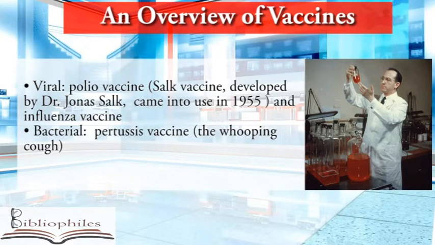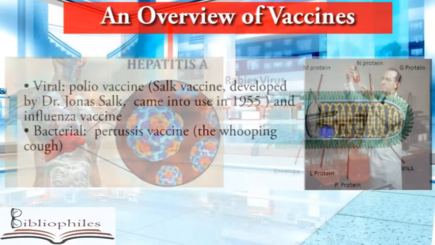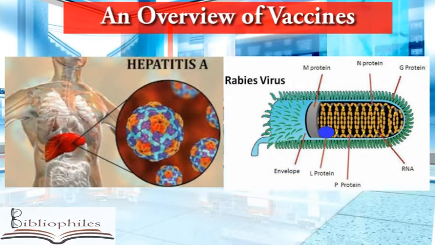The Sabin vaccine is given orally and the Salk vaccine is usually given by injection. And actually the Sabin vaccine has played the key role in nearly eradicating the disease from the world. Other examples of inactivated vaccines are Hepatitis A, rabies vaccine, etc.